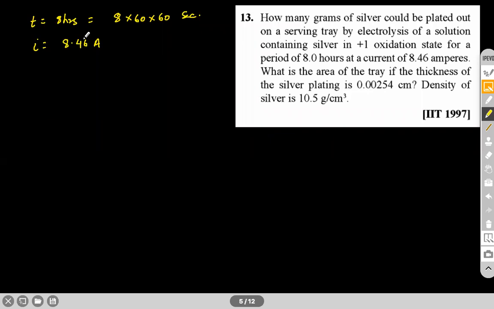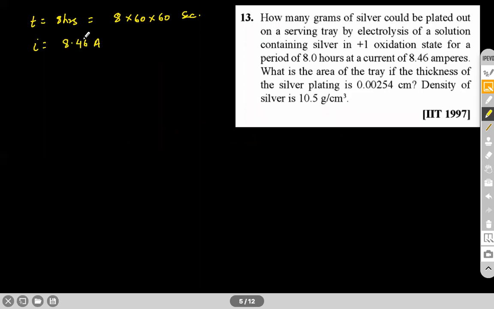So see, density is given. Density is equal to mass by volume. Volume is equal to what? Area into the thickness. Right? So area we need to find out. Thickness we know. Mass, we can find out the mass which is deposited, and density also we know, right?